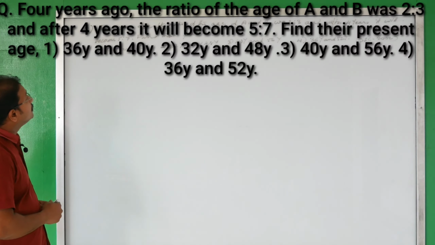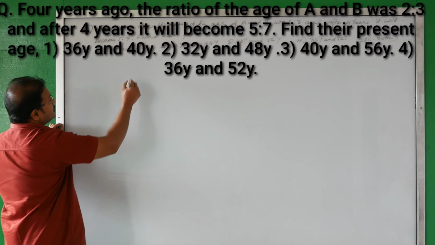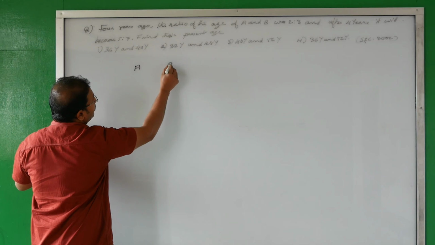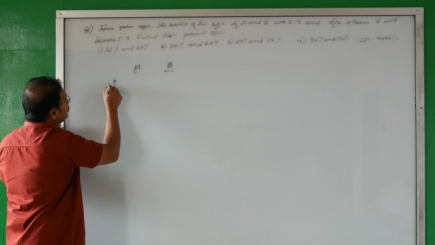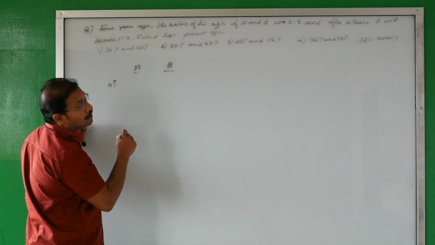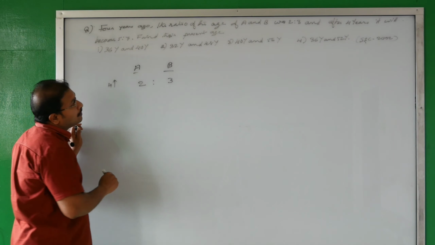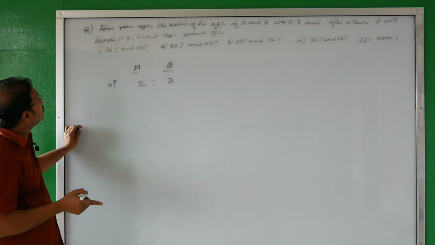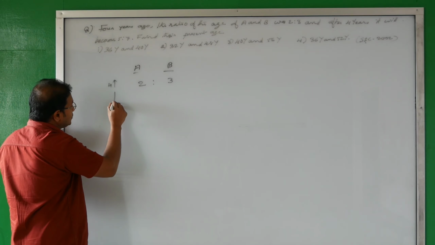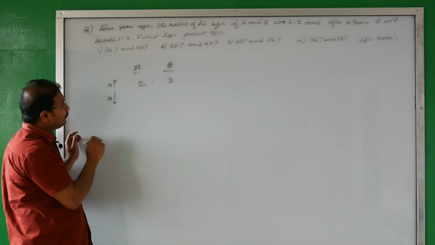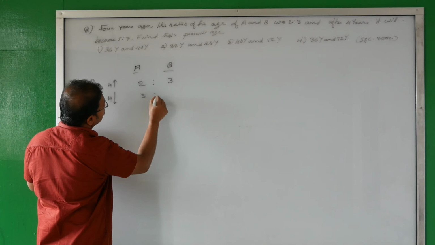Let's see now. 4 years ago the ratio of the ages of A and B. So 4 years ago, I am keeping here, their ratio was 2:3. After 4 years, that means again after 4 years, the ratio will convert into 5:7.